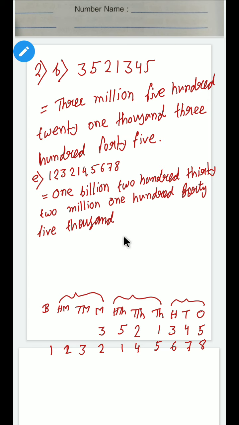Then write 678. So in this way you can do the rest of the problems in question number 2. Thank you everyone.